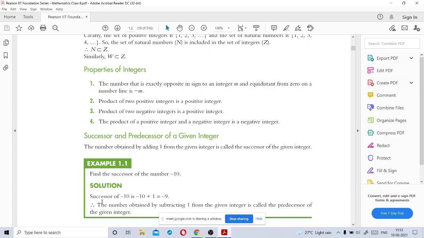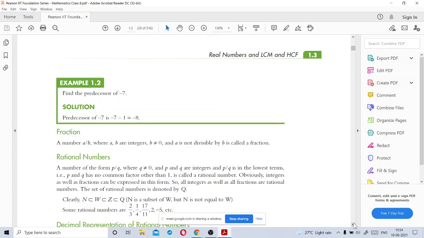See here, how did they find the successor of minus 10? Successor of minus 10 is minus 10 plus 1, that is equal to minus 9. Therefore, the number obtained by subtracting 1 from the given number is called the predecessor of the given number. So, this is about successor and predecessor of a given number.